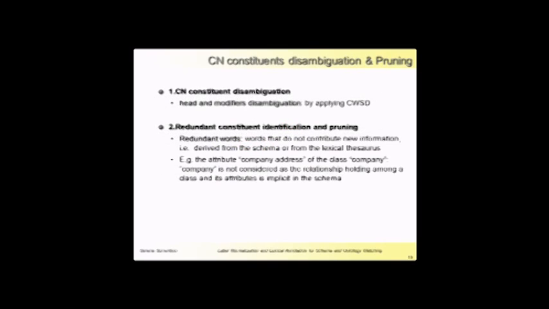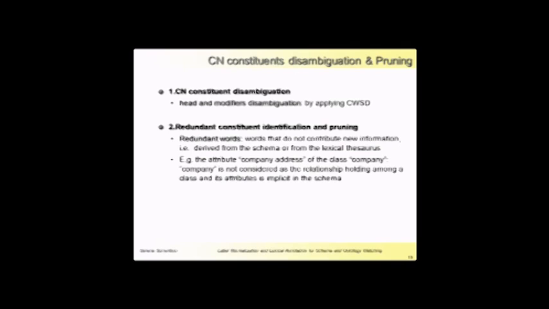The method is divided in 4 steps. The first step is the compound noun disambiguation, where we annotate the head and the modifier with respect to WordNet by using CWSD. The second step is the redundant constituent identification and pruning. What is a redundant word? It is a word that does not contribute new information because its semantics can be directly derived from the schema or from the thesaurus.